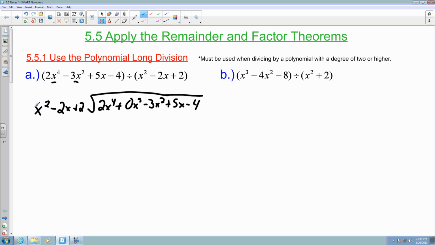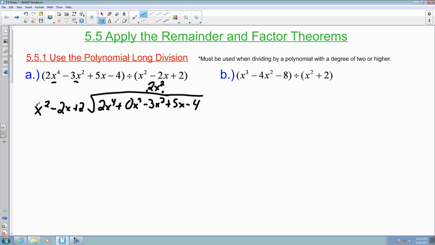So I look at my first term, which here is 2x to the fourth. I need a value up here that I can distribute through x squared minus 2x plus 2 that's going to cancel out that 2x to the fourth. And that value is 2x squared.